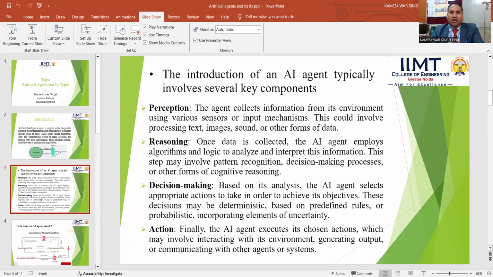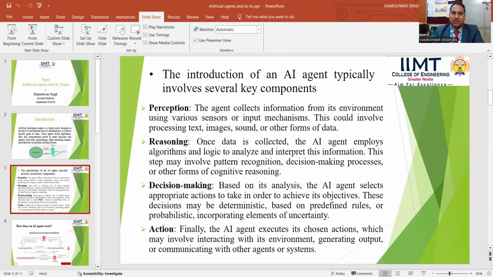After that, it takes the inputs through perception from the users, and after that it does reasoning. What is reasoning? Once data is collected, the AI agent employs algorithms and logic to analyze and interpret this information.